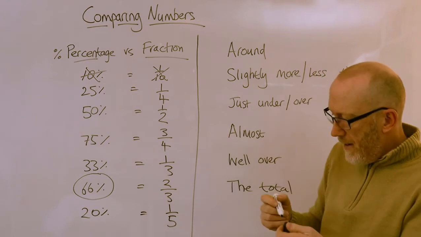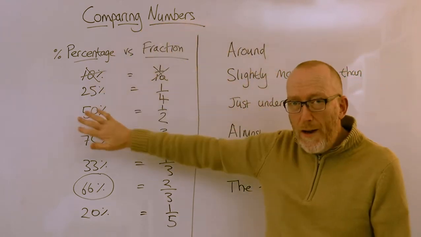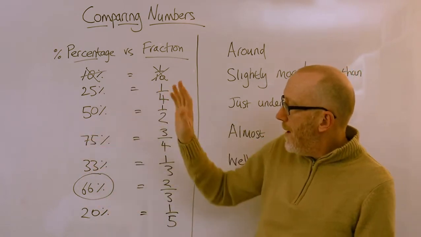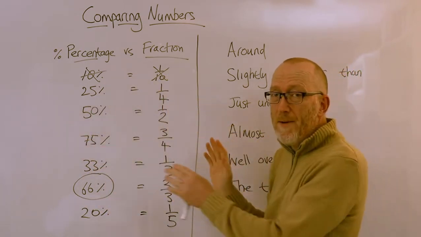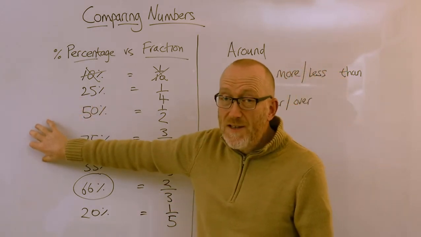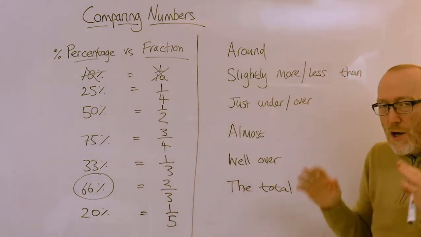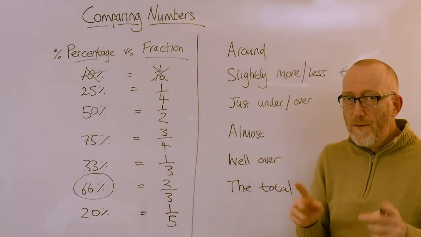Yeah? Okay, so we've just done a quick refresher or reminder on percentages and fractions. Remember to change and mix your vocabulary. Talk about some percentages and talk about some fractions. Mix your vocabulary. Try not to be too precise with your numbers.